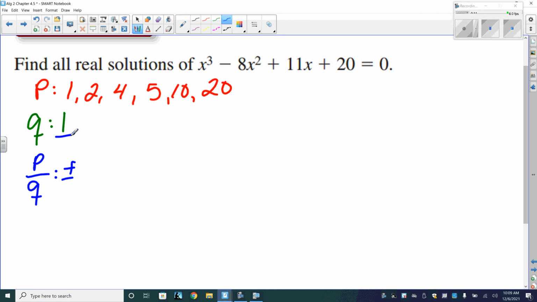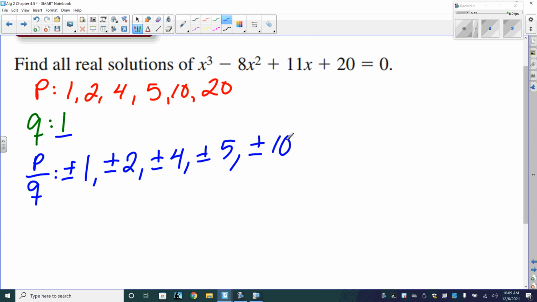So our first one would be 1 divided by 1, which is just plus or minus 1, yes? Then we'll do 2 divided by 1, which is plus or minus 2. 4 divided by 1 is plus or minus 4. 5 divided by 1 would be plus or minus 5. 10 divided by 1 would be plus or minus 10.